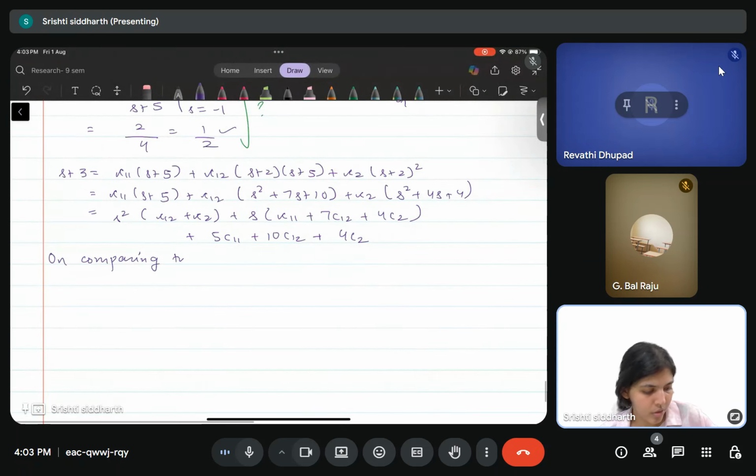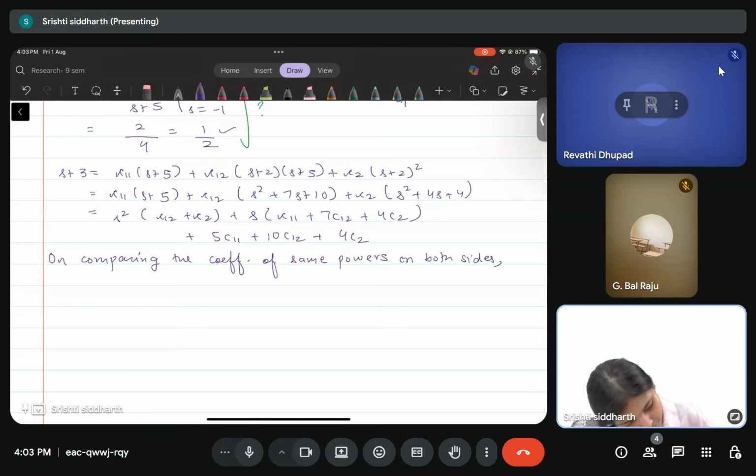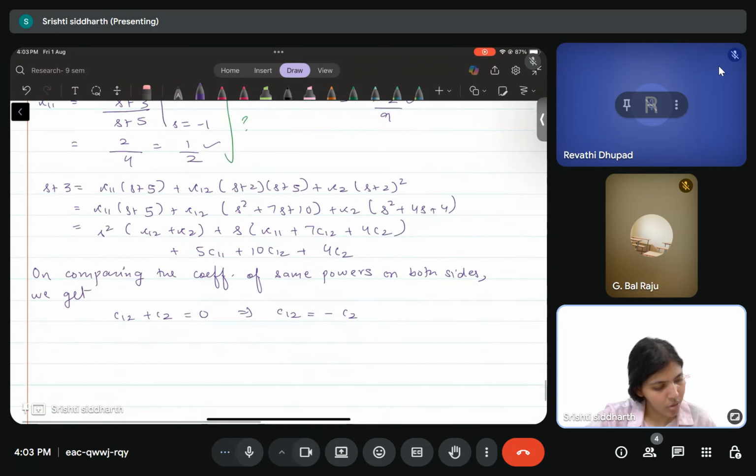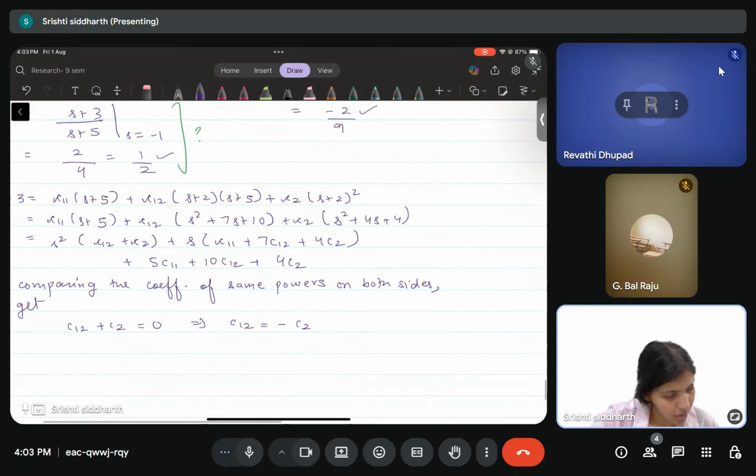So comparing the coefficients on both sides, we get C12 plus C2 is going to be 0, which implies C12 is going to be minus C2. And I think we already have the value of C2, which is going to be 2 over 9.